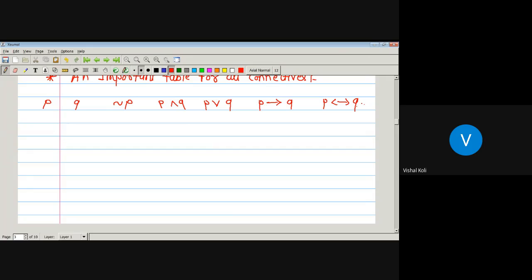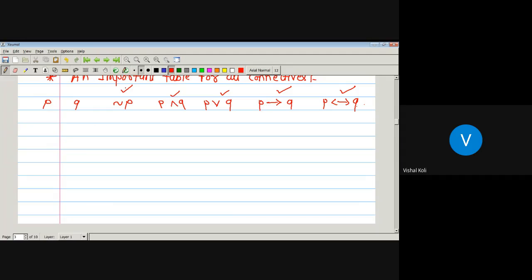There are 5 connectives actually: conjunction, disjunction, conditional, biconditional and negation. So this will be conjunction, this will be disjunction, conditional, biconditional, and this one is negation.